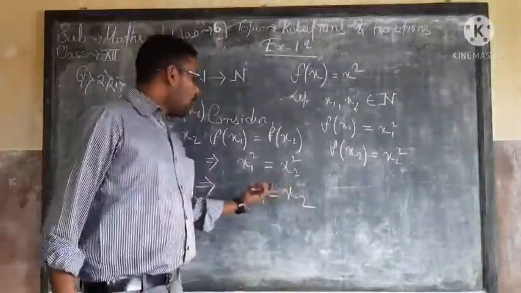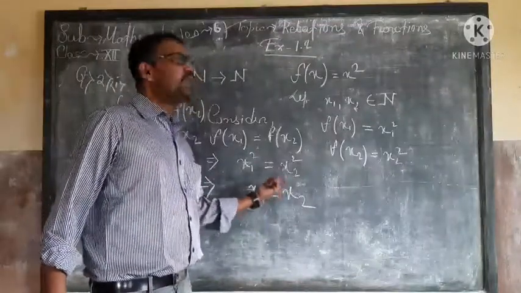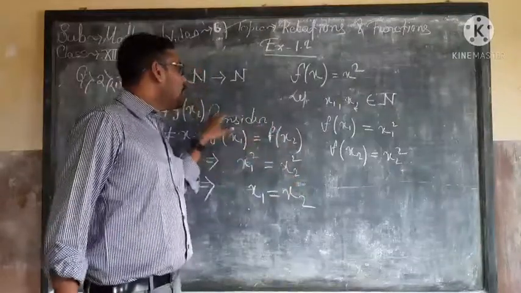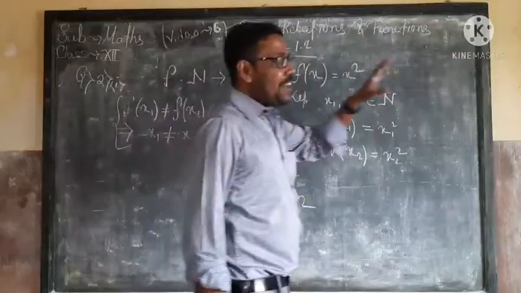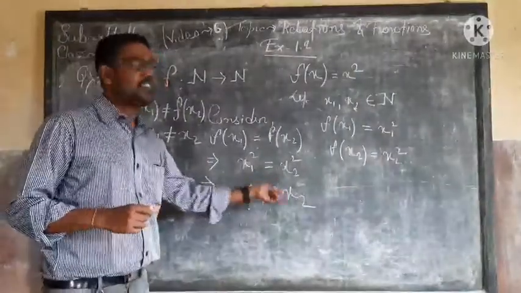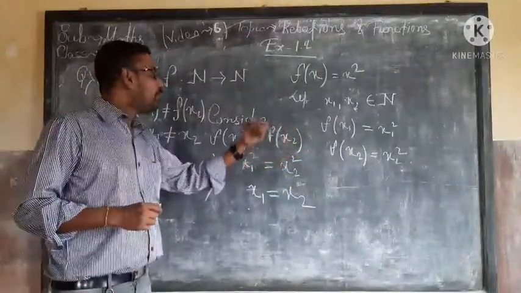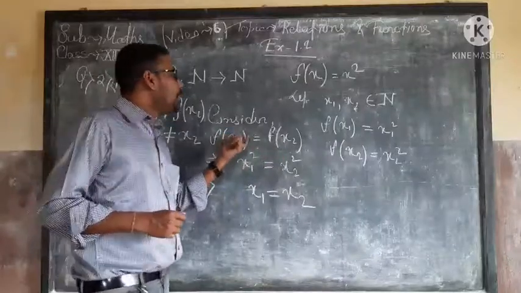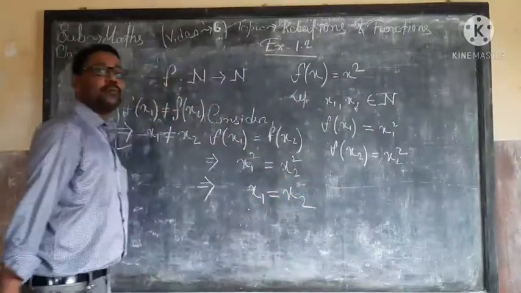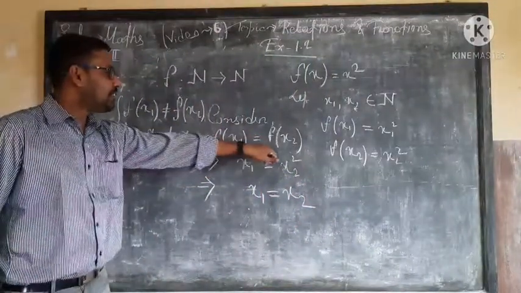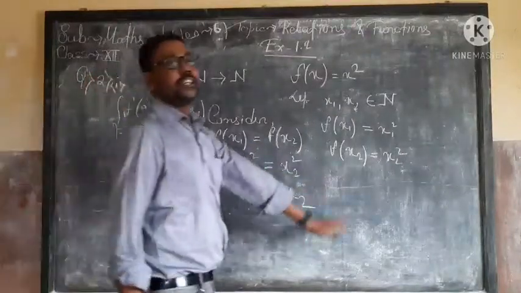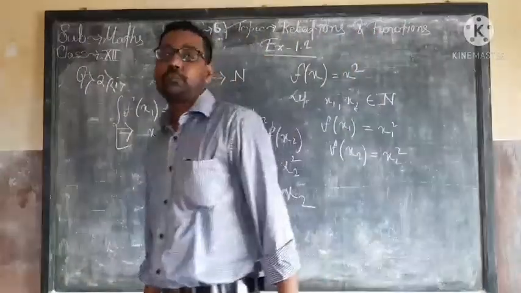That means if x1 is equal to x2, the images of both of these two are equal. So we apply the reverse process. At first we find that the images of these two are equal, that means the pre-images are also equal. If you consider that the images are equal but it does not imply that these two are equal, this time we conclude that this function does not satisfy the one-one criteria.